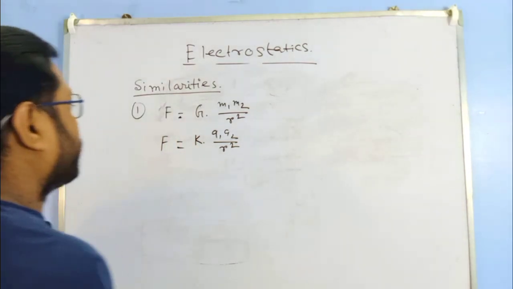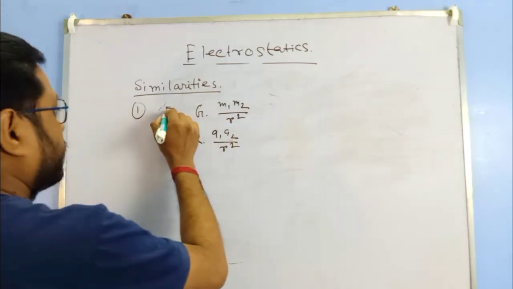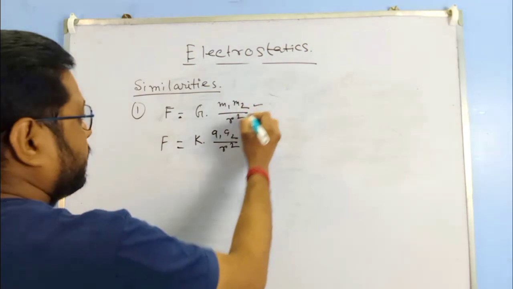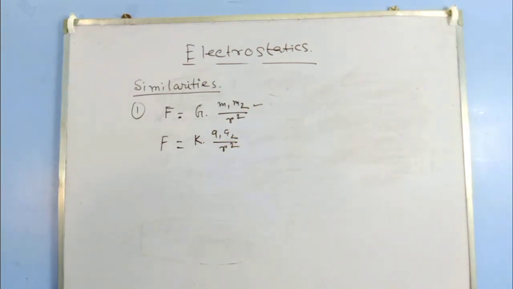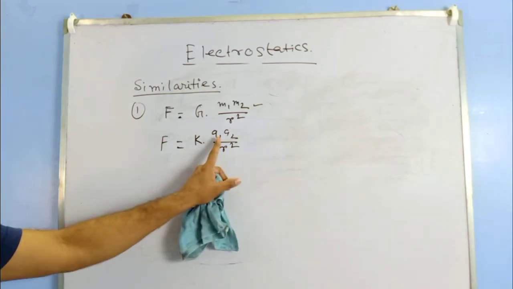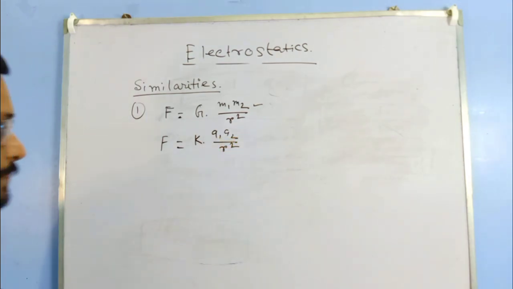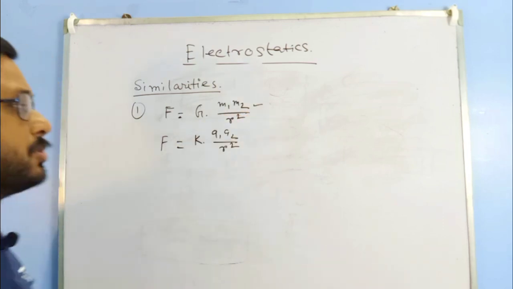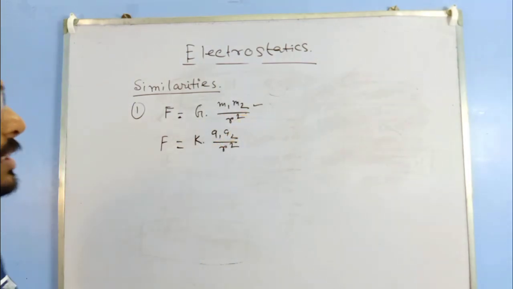So the force of gravitation is directly proportional to the product of the masses, and the electrostatic force is directly proportional to the product of the charges. Both forces are inversely proportional to the square of the distance between them.